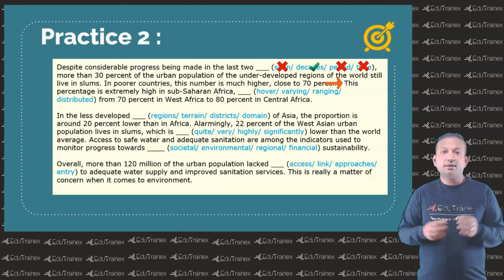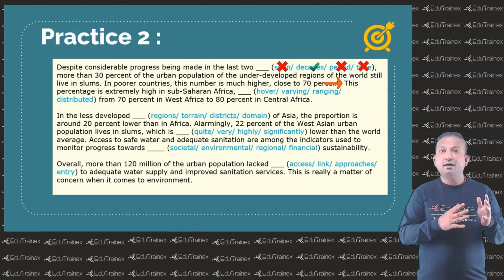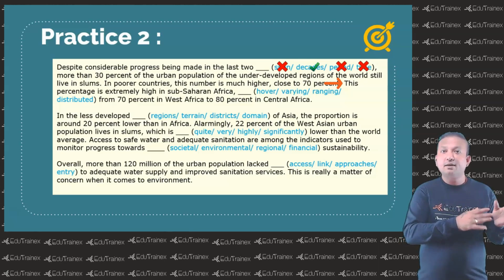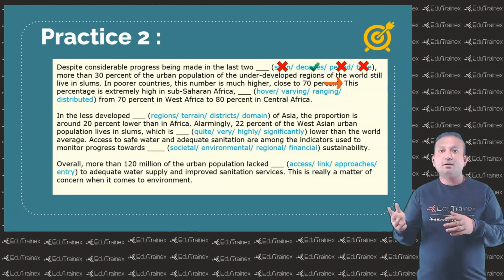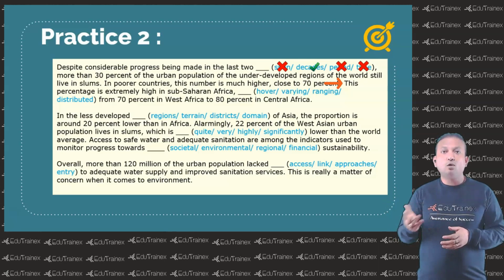The next sentence with the second blank says, the percentage is extremely high in sub-Saharan Africa, dash from 70% in West Africa, and so on. And the options are over, varying, ranging, distributed. Now, do you see a collocation here? Exactly.